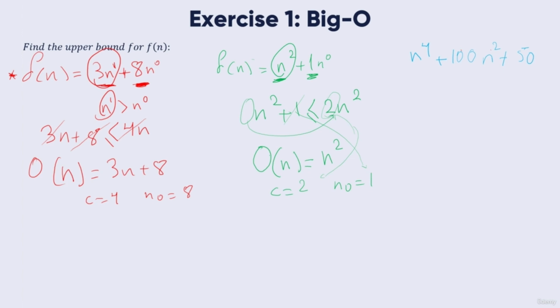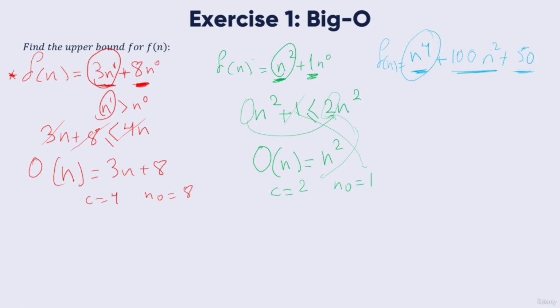This function f of n contains n to the power 4 plus 100n squared plus 50. How to solve this? How to find the upper bound? In the same way, look at this function. We have three terms, 1, 2, and 3. What is the highest n order of this function?